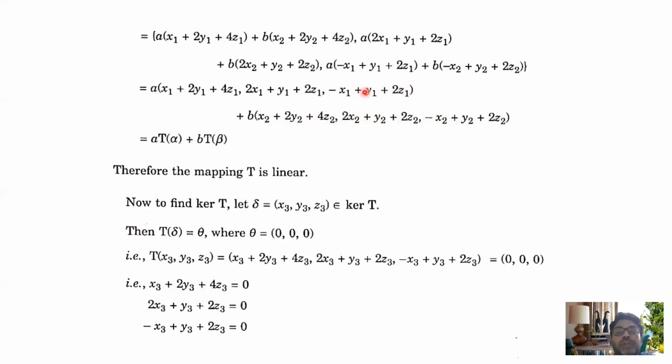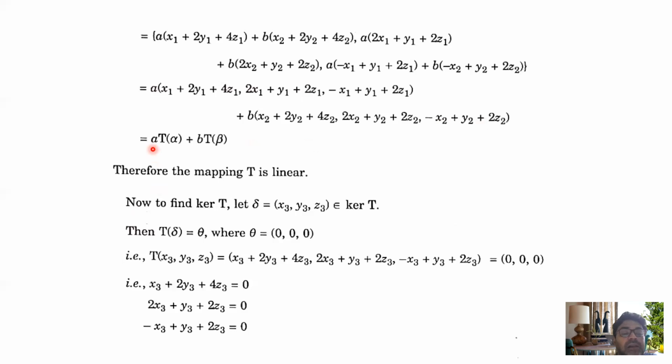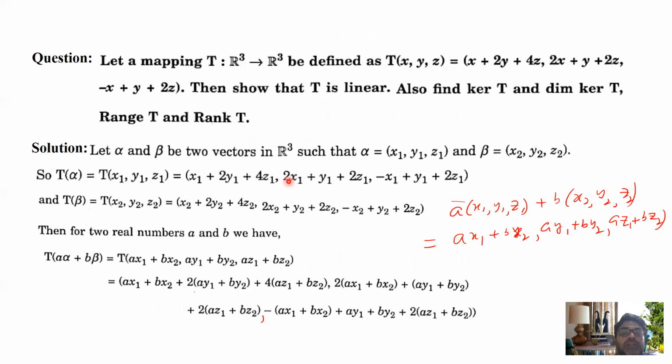So this first component is nothing but A T alpha, plus this portion is nothing but B T beta. So from here it is clear that T(A alpha plus B beta) is equal to A T alpha plus B T beta. Therefore, the mapping T is linear.